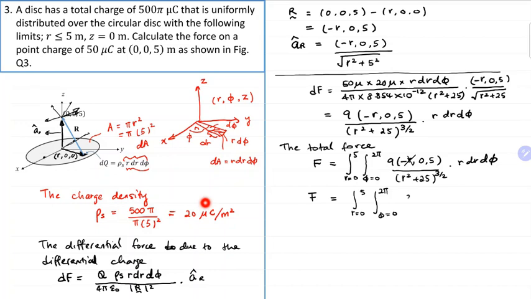This equals 9 times 5 times r dr d phi over (r squared plus 25) to the 3 over 2, and to show that we are only working in the z direction, we multiply by our unit vector z.